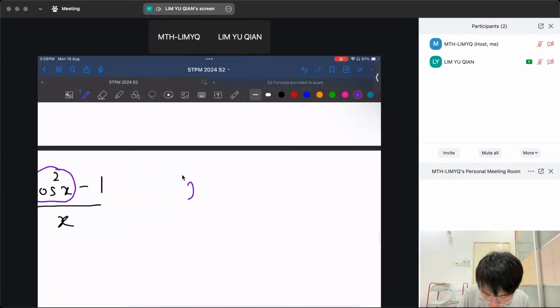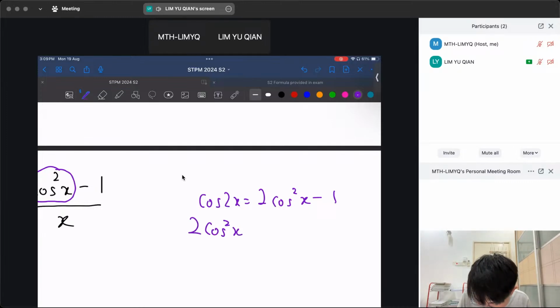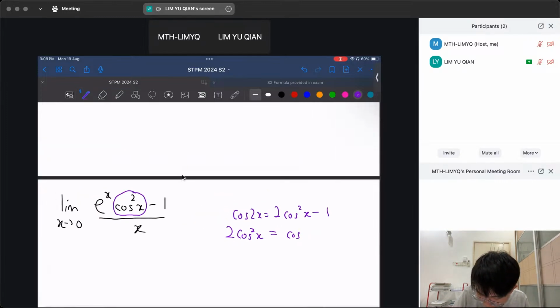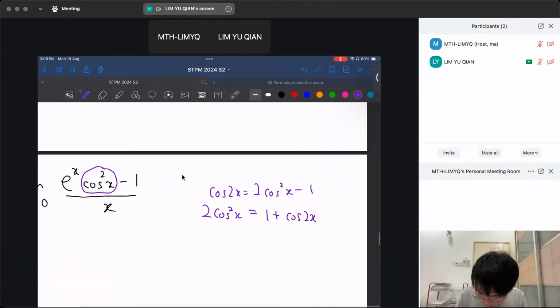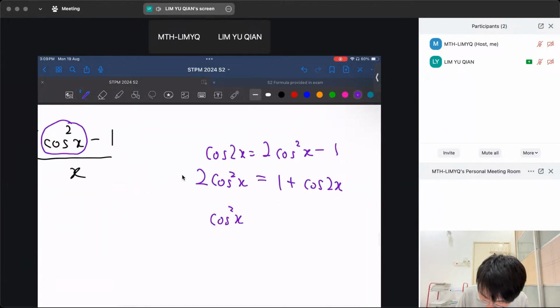Cos 2x is equal to 2 cos squared x minus 1. So 2 cos squared x is equal to 1 plus cos 2x. So cos squared x is equal to 1 plus cos 2x, over 2.